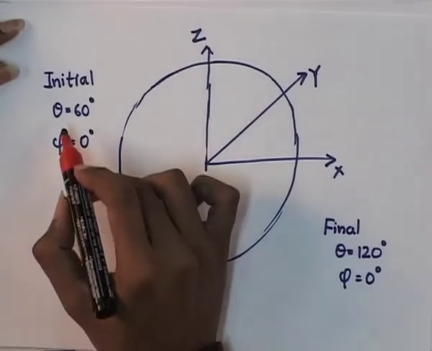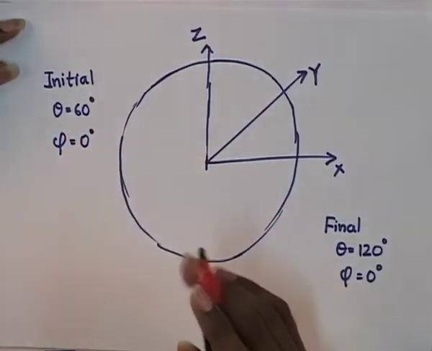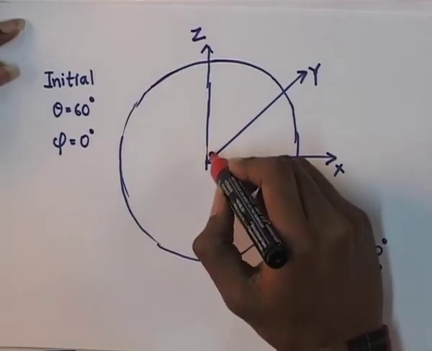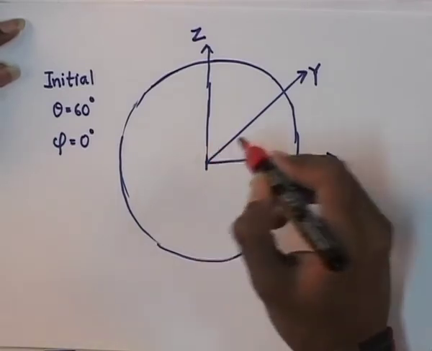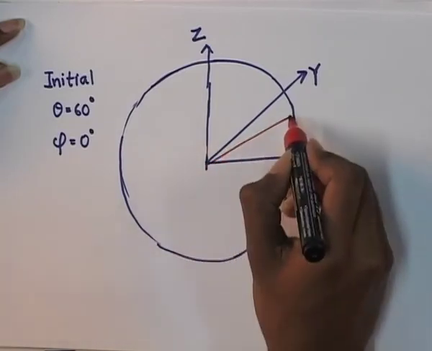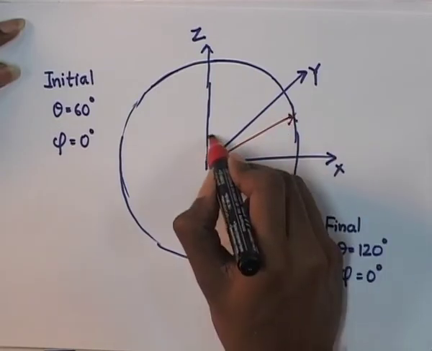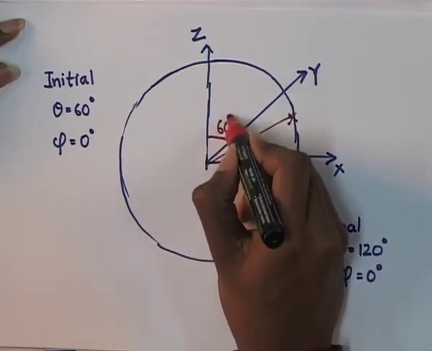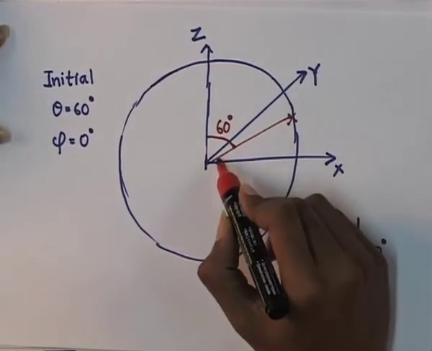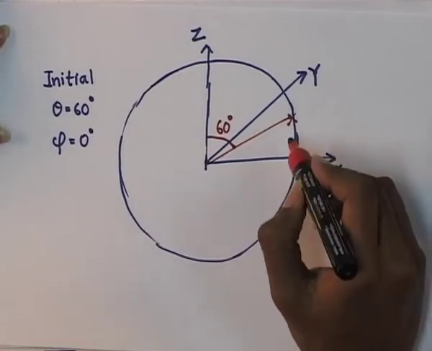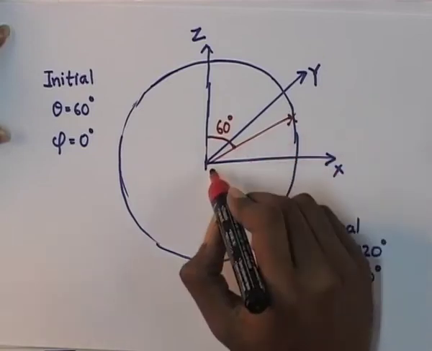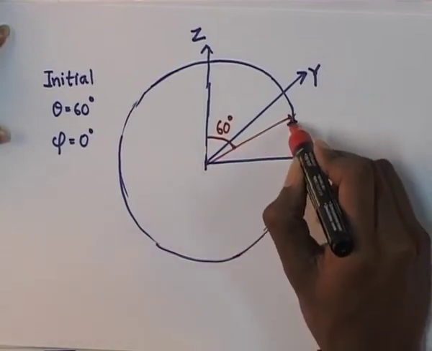We know that theta is the angle made by the state with z axis. So, we have this state making 60 degrees with z axis, and the angle made by this quantum state's projection on the xy plane makes 0 degrees with x axis. So, its projection lies exactly on x axis.